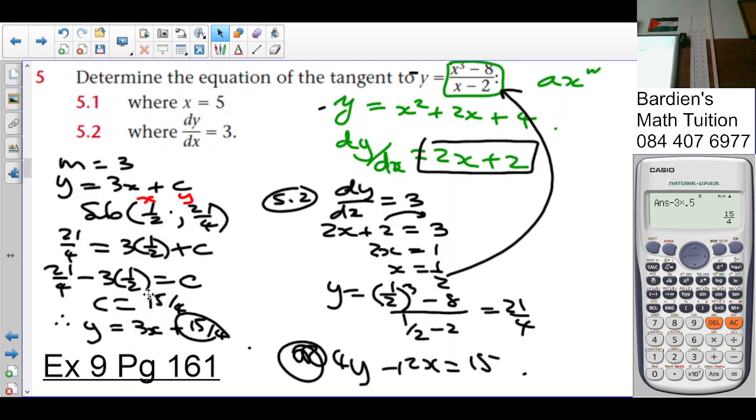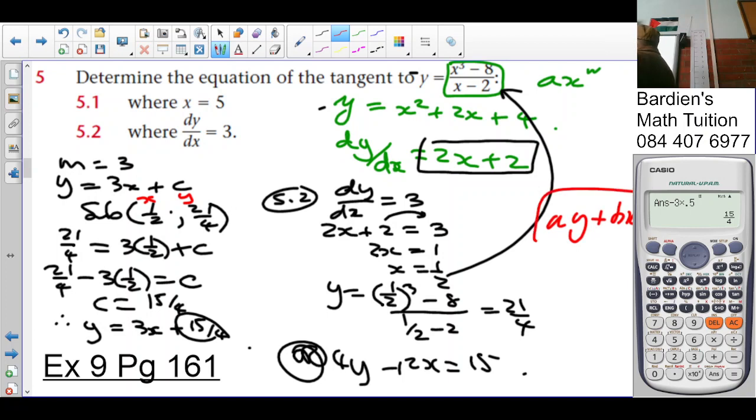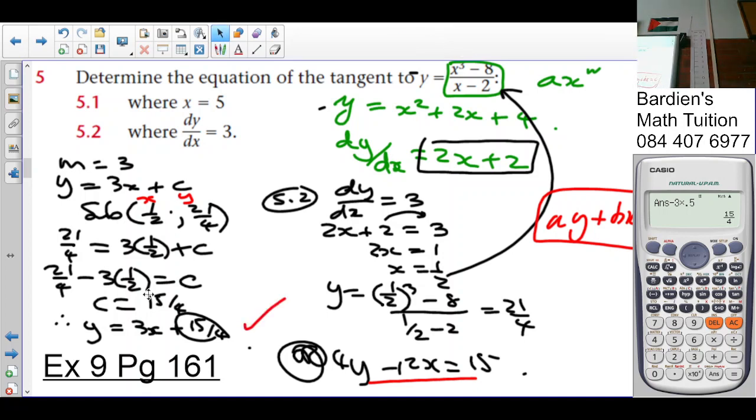But if the question explicitly says, write your answer in the form ay plus bx equals c, then we have to multiply it up and get this answer out. But since it wasn't specified, you're going to get full marks at that point already. Okay, you guys understand? Alright.